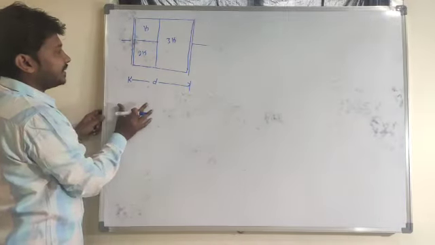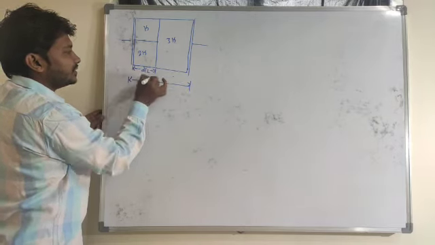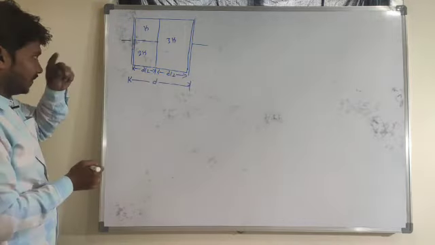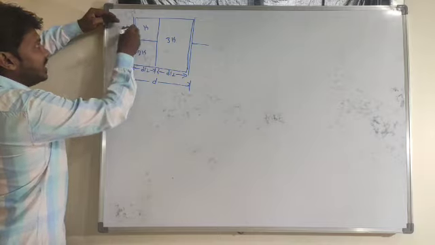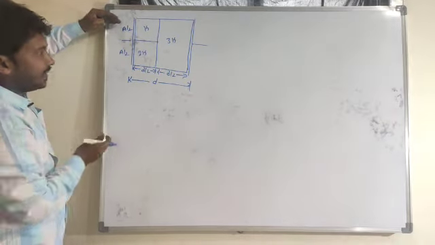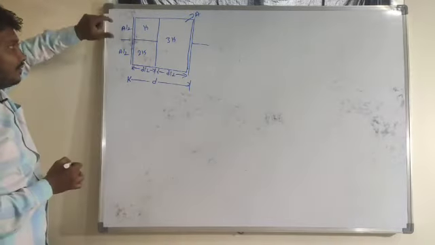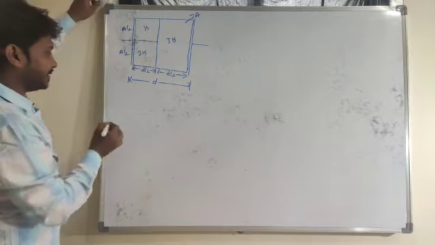So let me consider here. If this is the distance, then half of the distance is D by 2, and this is also D by 2. Look at here, this is the total area. Here I divided, so total area is A by 2 here and A by 2 here, and this entire single area will be A. Let me find the capacitance of the first space, second space and third space here.